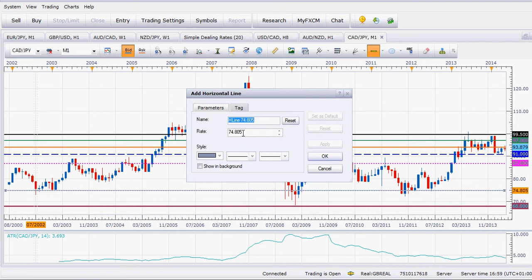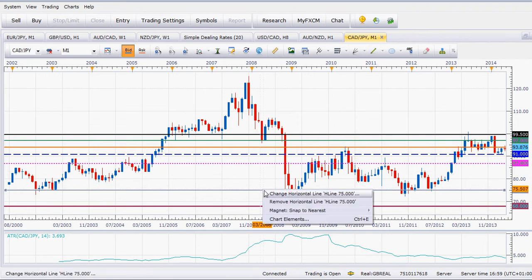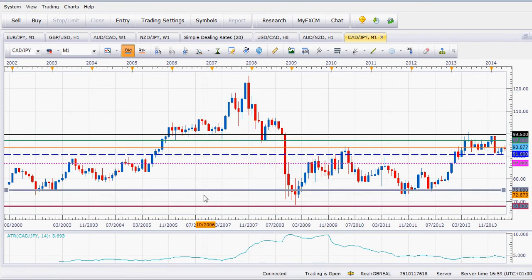If we went back to the monthly, just to go back to the beginning of our presentation, we certainly have this level. Let me remove it altogether and create a straight horizontal line, snap to nearest. What level do we have? 74.80.